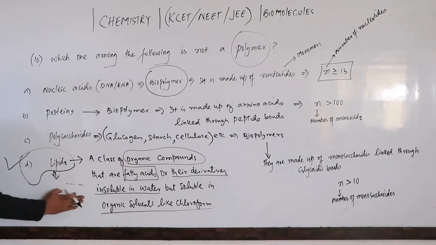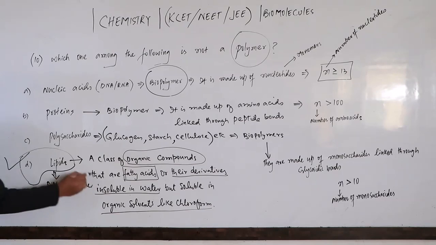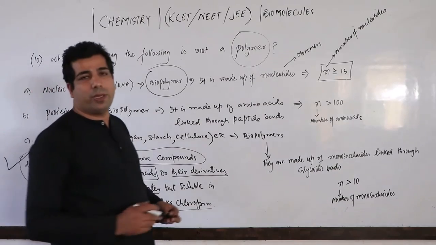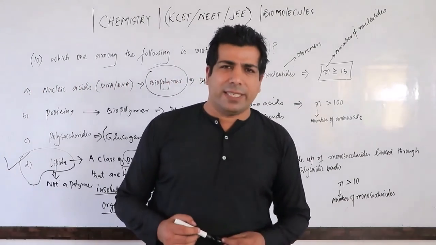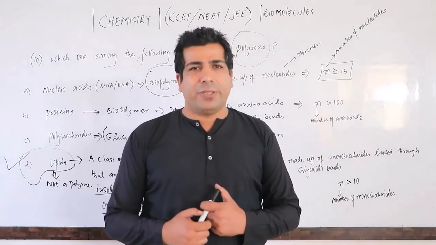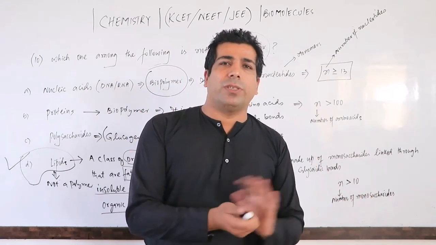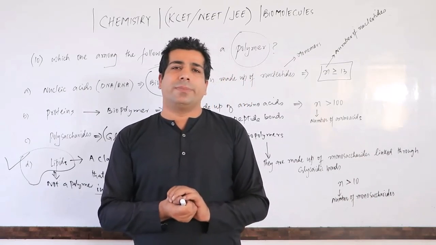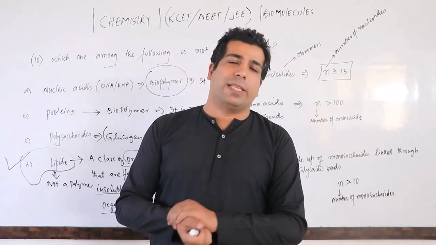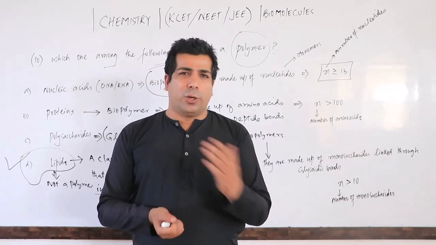So the answer is basically D. So lipids are not polymers. They are either fatty acids or derivatives of fatty acids. And lipids are insoluble in water but are soluble in organic solvents like chloroform, alcohol, etc.